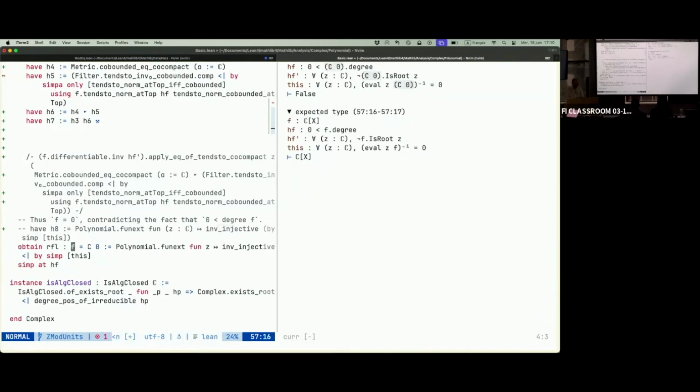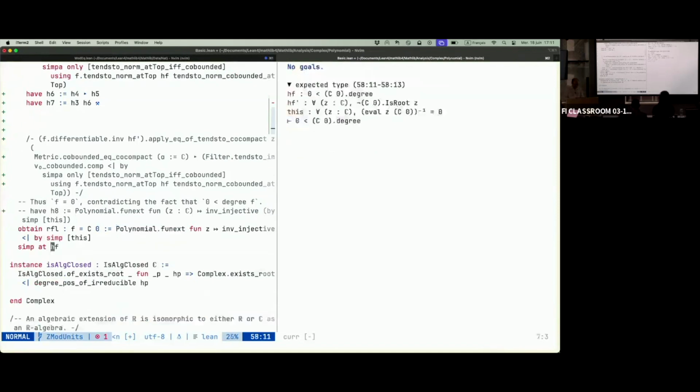But the reason it knows that it's a complex number is that here we have f with C of x, here I write C of 0, and 0 is a complex number. So this is an equality of polynomials. And so with the full sentence, Lean is capable of matching the type of everything. But if you take a subset of the sentence, a lot of information is missing. And so it's hard to copy and to guess.